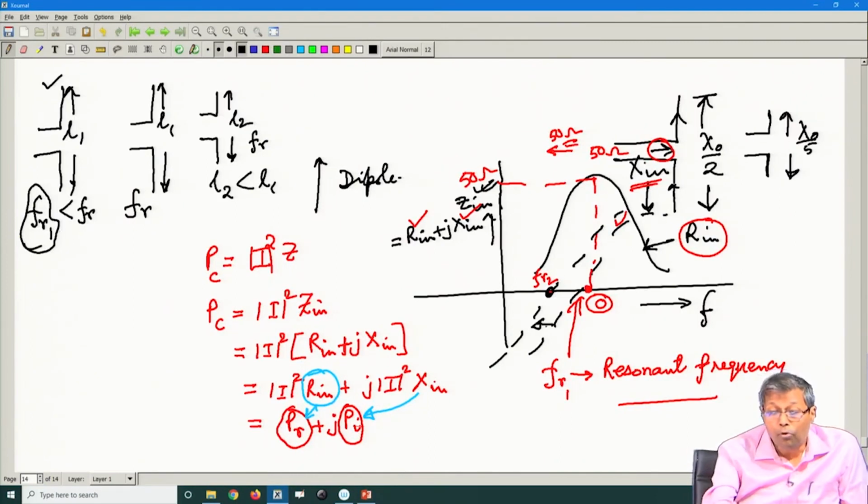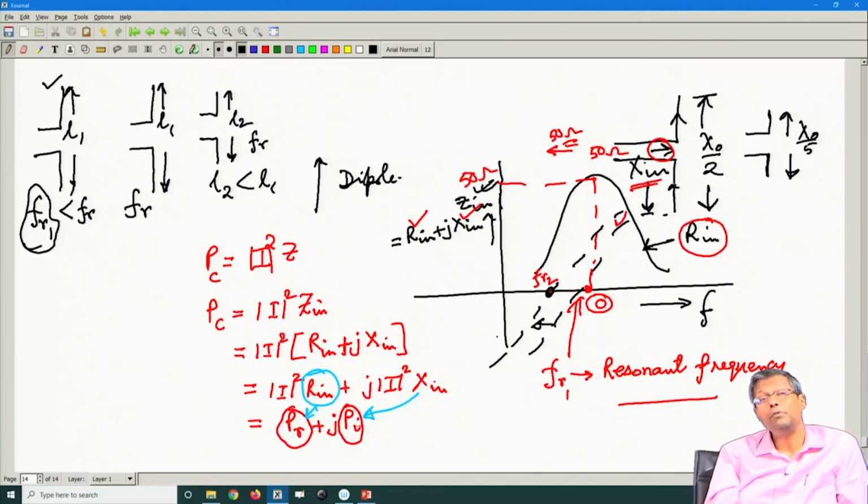So, if I move my frequency to the left hand side, that means I am achieving miniaturization.